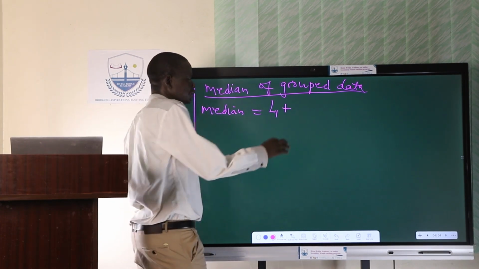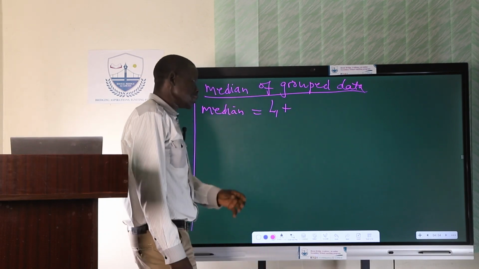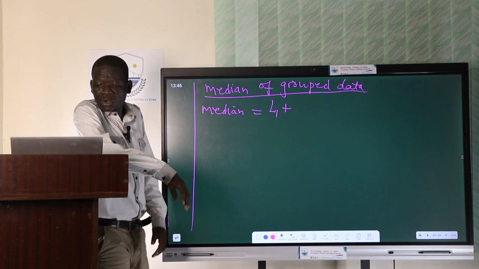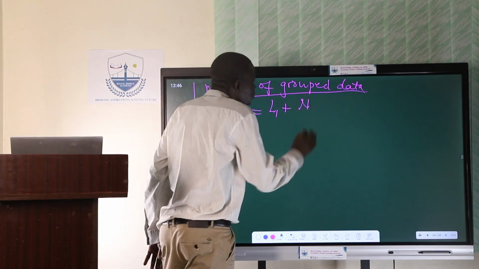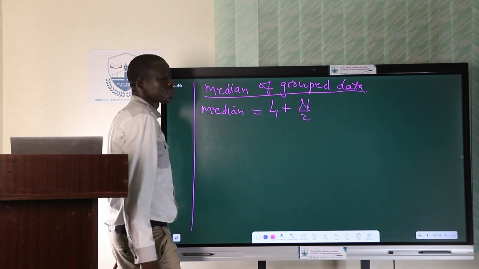plus summation of F over 2. Sometimes we use N instead of summation F, so we can use N over 2 to mean the total frequency.